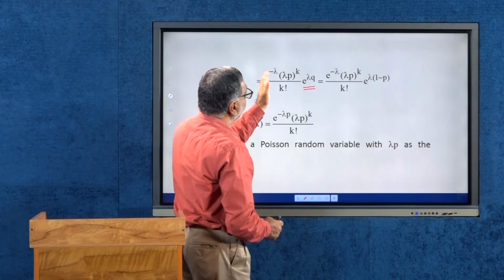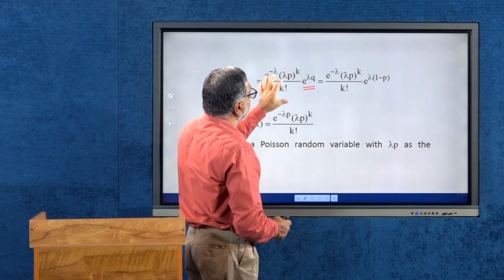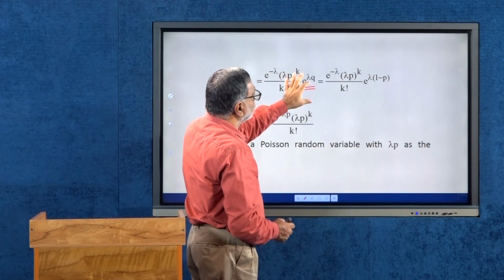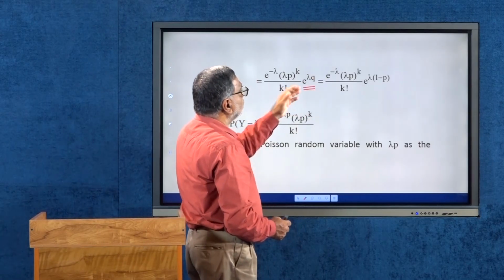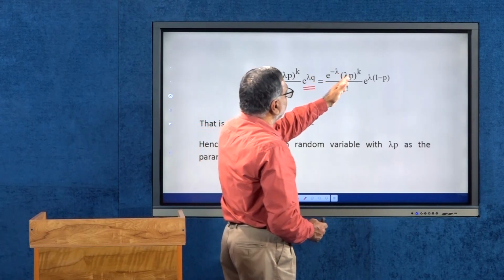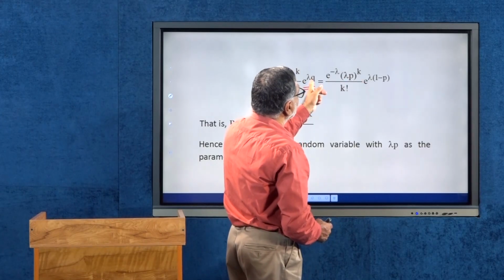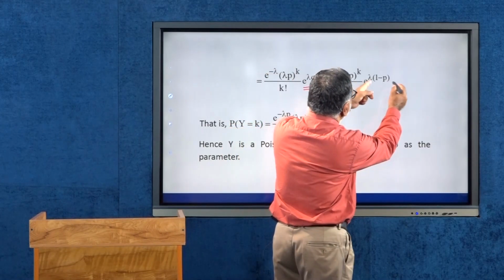And so, e power minus lambda, lambda p power k divided by k factorial, times e power lambda q. Here e power lambda q can be written as e power lambda into 1 minus p.